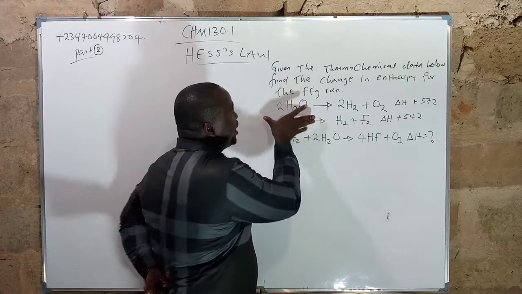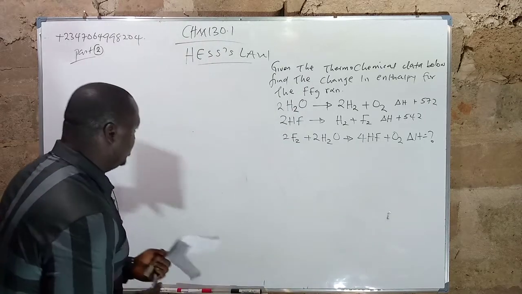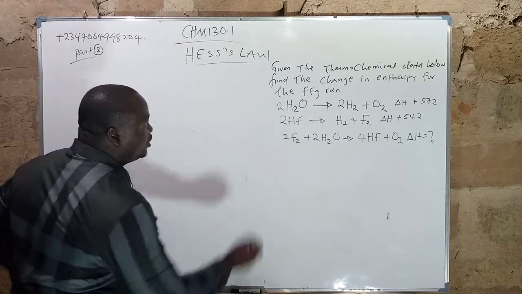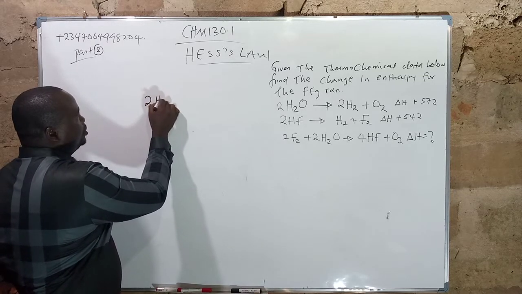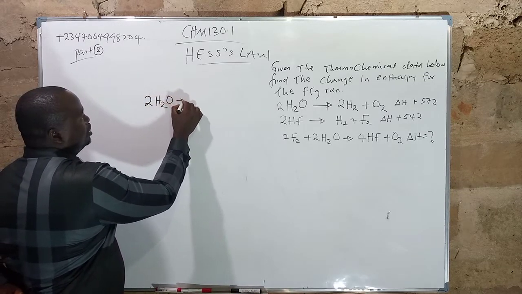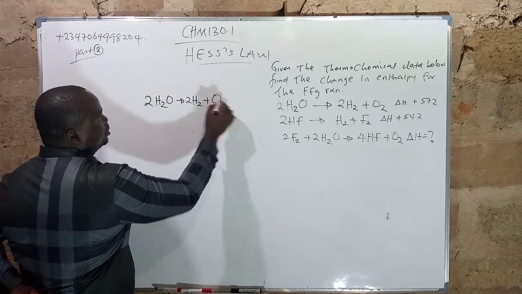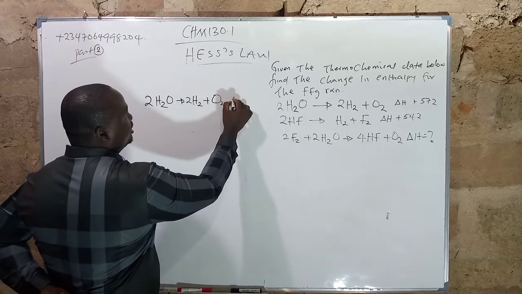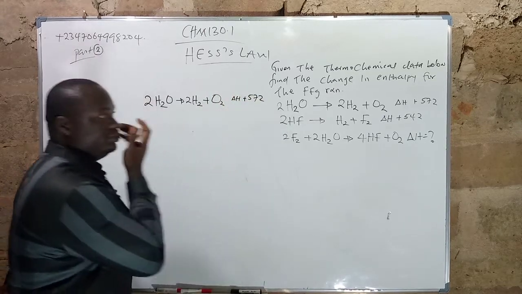So we are good to go, and we are not touching anything here, no adjustment. So we just write it out: 2H2O gives 2H2 plus O2, with delta H of plus 572. We are not touching it.